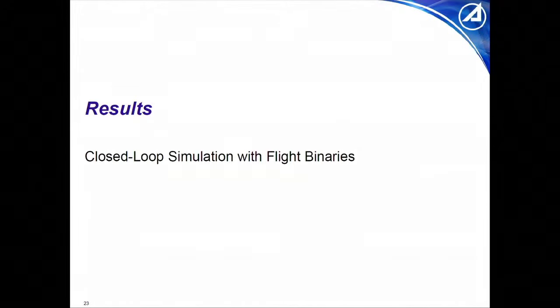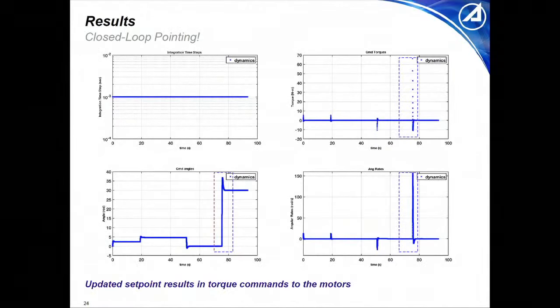And here are some results. I think we'll probably kind of blow through these, but they were a good way for us to show to our funders, iLab, and to our management that what we were doing actually worked and that it might be useful for a closed-loop test bed in the future. I mean, there's not much to look at here.